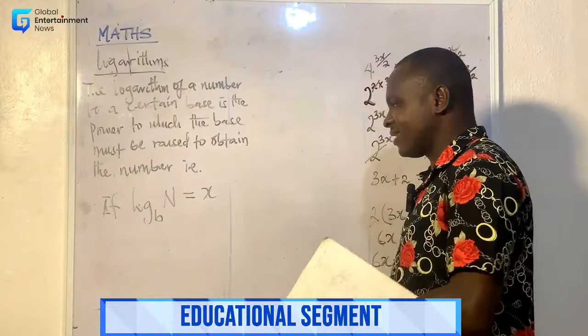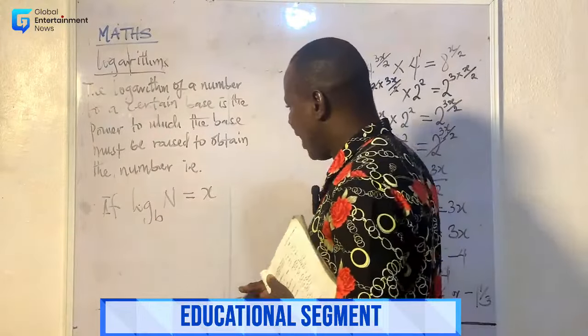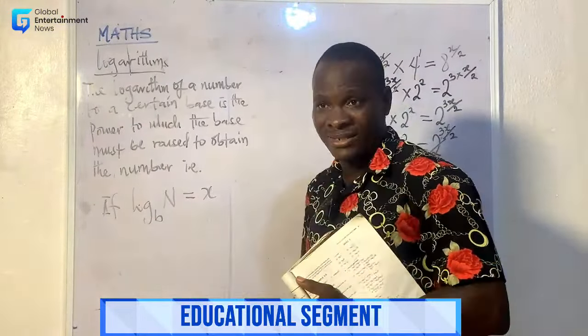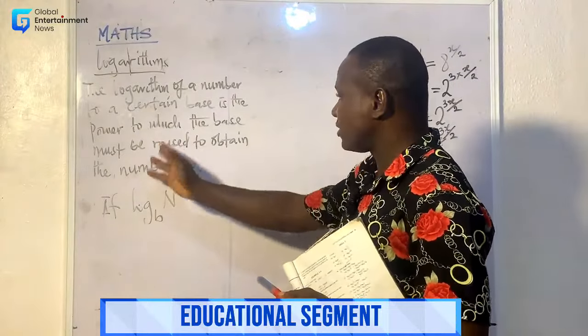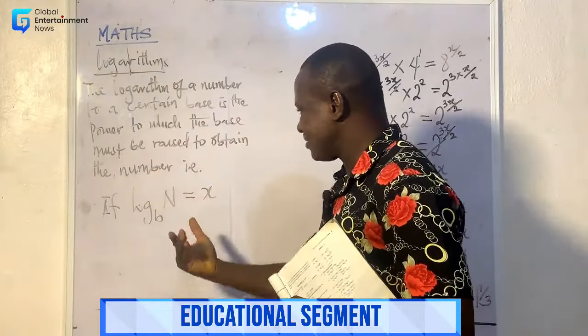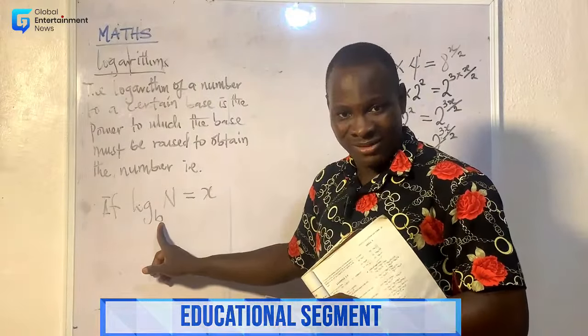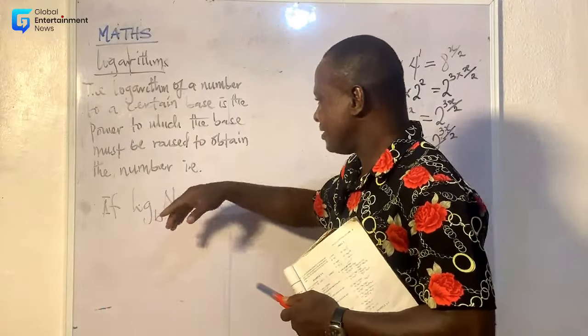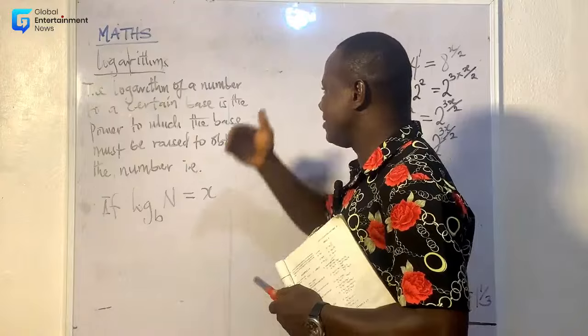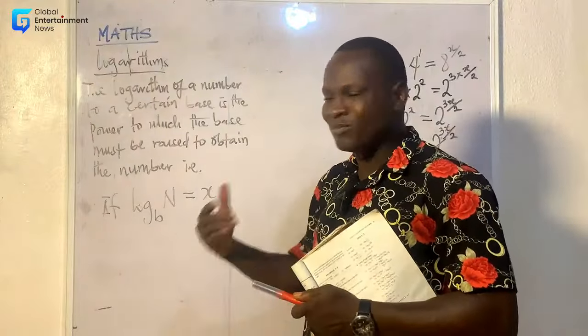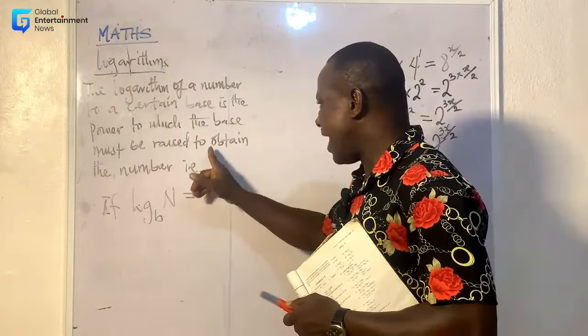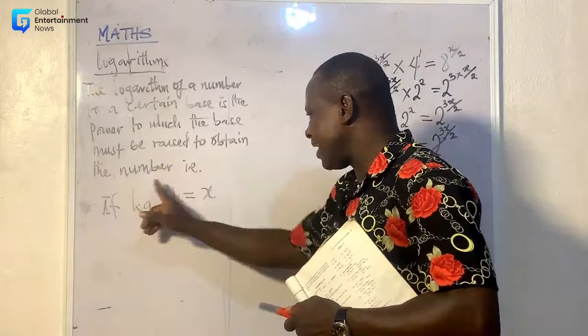Now, for instance, if they give you something like this, do you know what we're going to do? According to the definition, which one is the base, everybody? B is the base. Thank you very much. The base must be raised to obtain the number.